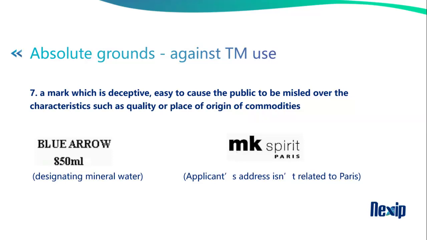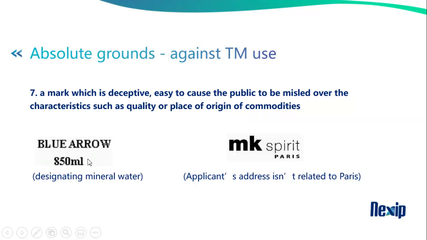First is this mark, Blue Arrow 850 milliliters. This mark designates mineral water. It was refused because the China Trademark Office may believe this part is used to describe the quantity of a bottled mineral water.